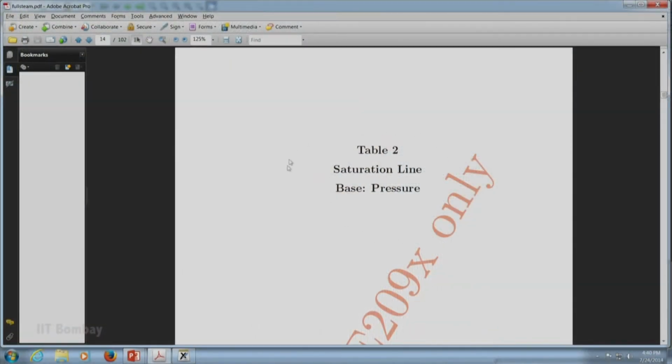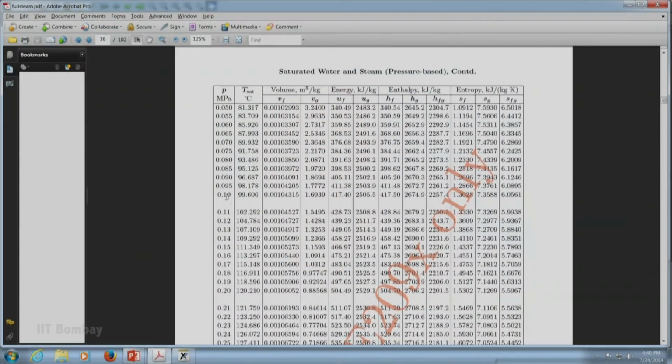This is table number 2 where the base is pressure, and let us go for 0.1 MPa now. We are at P is equal to 0.1 MPa here, and the corresponding T sat P is 99.606. Let us take this value and compare our T with this T sat P.